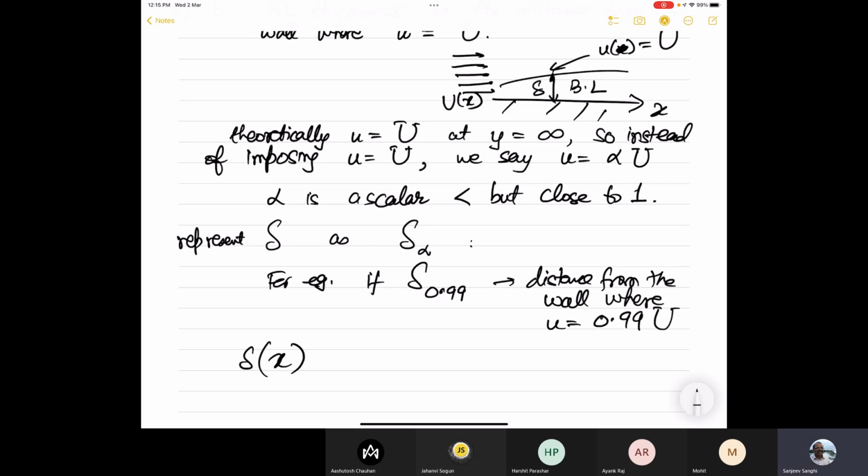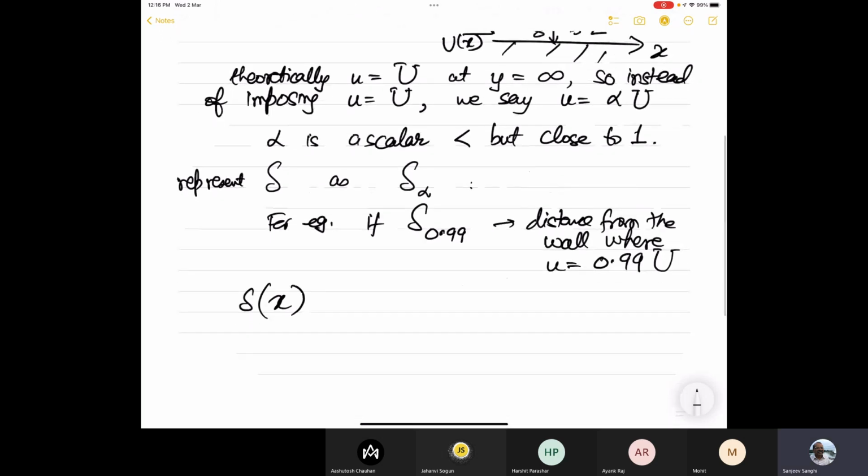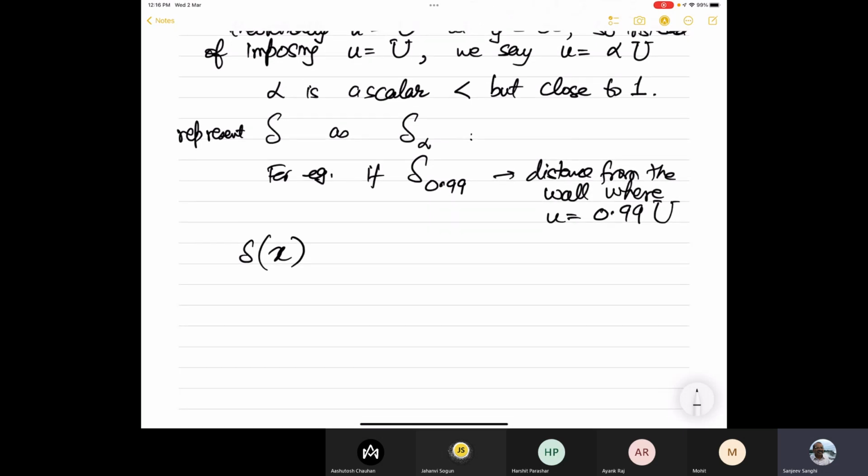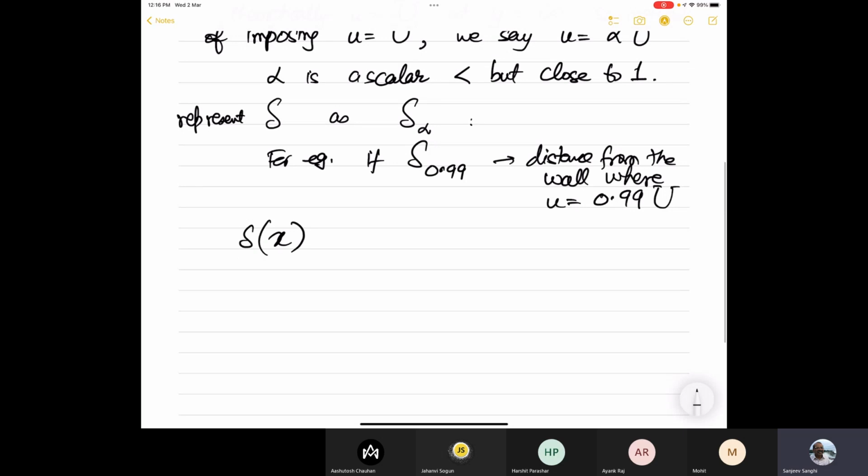This is the x direction. Delta always is a function of x. And normally we take alpha as 0.99, but if you want to be more or less precise, you may take it as 0.95. But if we don't write anything, then it is supposed to be about 0.99. A very loose type of thing, but nothing very sacrosanct. Okay.